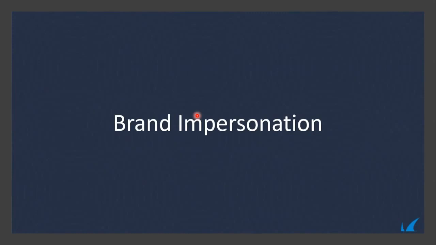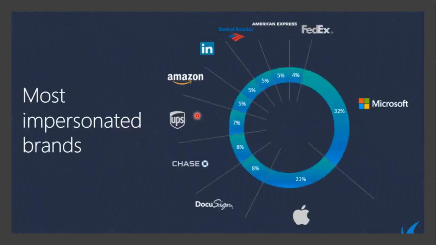Next is brand impersonation. As the name suggests, they mostly use well-known brands to impersonate and send phishing emails or different kinds of zero-day attacks to get into the network. This type of spear phishing attack is designed to impersonate websites like Microsoft, Apple, and nowadays what we have seen is DocuSign, because everything is going online.